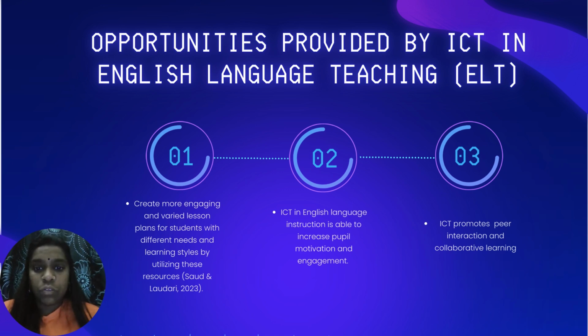Moving on to the third opportunity of ICT in the English language classroom, ICT promotes peer interaction and also collaborative learning among their peers. To complete a particular task or to solve a problem, pupils can collaborate in groups or with their peers.